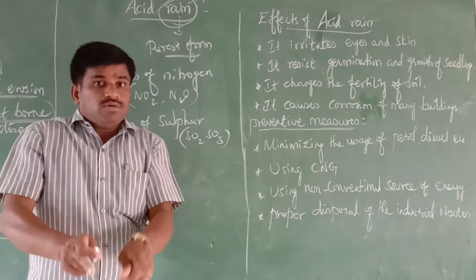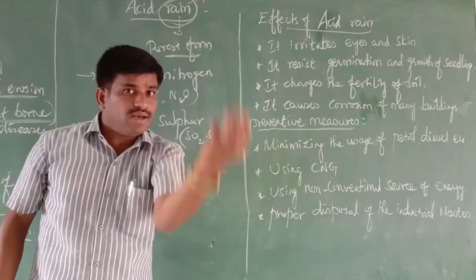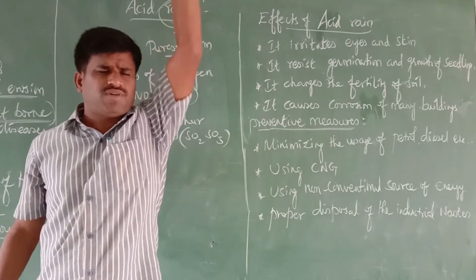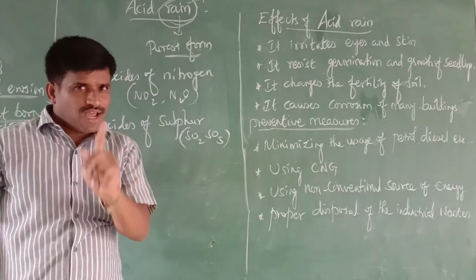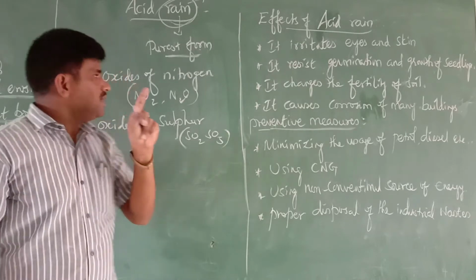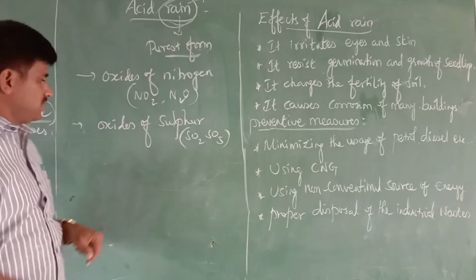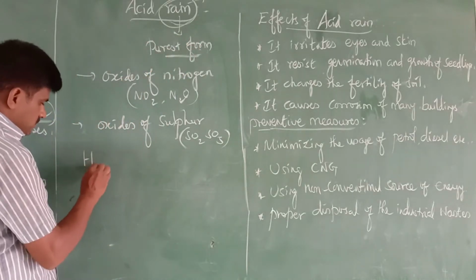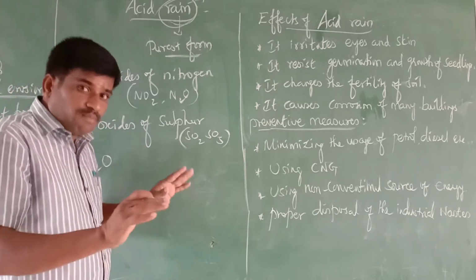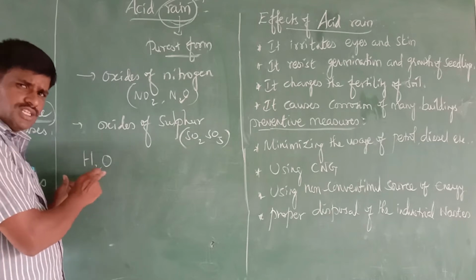When these air pollutants mix at the time of raining, before it mixes with the pollutants, rainwater is the purest form, no doubt at all. Whatever the phase or form, the water formula, rainwater also is H2O.